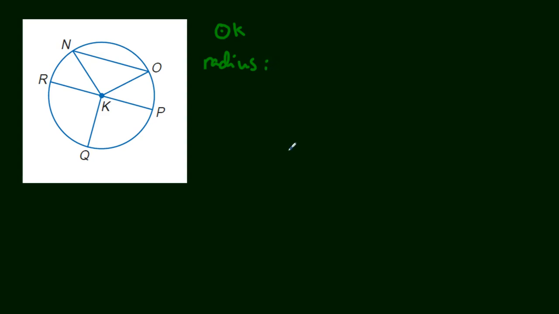I'm thinking of naming everything. So we have the lines KN, KO, KP, KR, and KQ. Those are the radii.